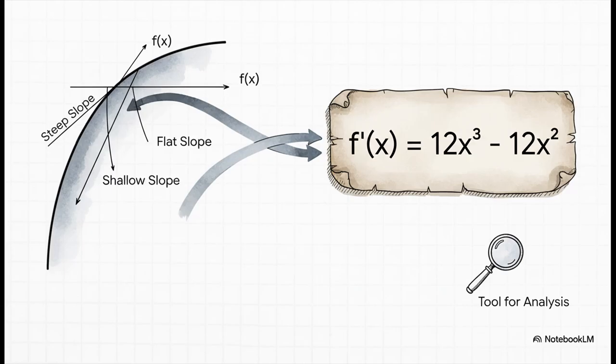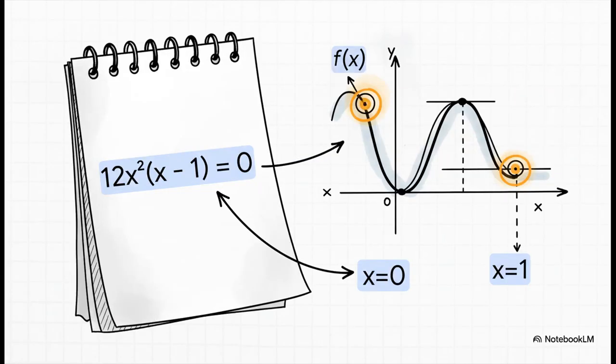All right, step 1, we need to find those potential peaks and valleys, right? So first thing we do is take the derivative, a little power rule action here, and boom, the derivative of our function is 12x^3 minus 12x^2. Remember, this new function tells us the slope of our original curve at any given point. Okay, so now we want to find where the slope is 0.